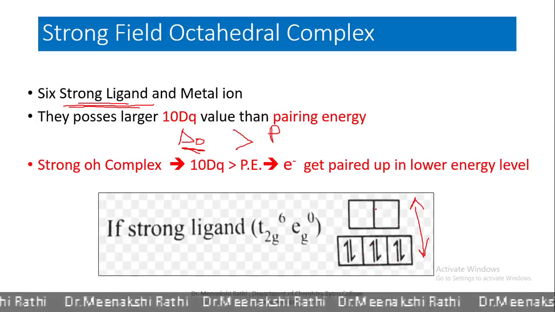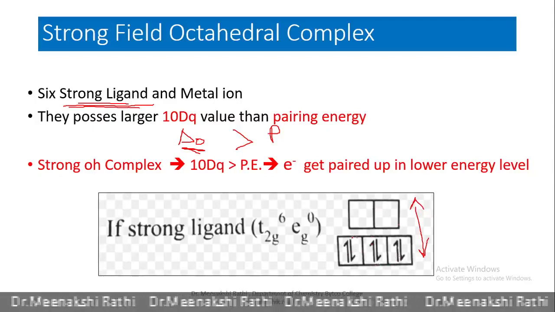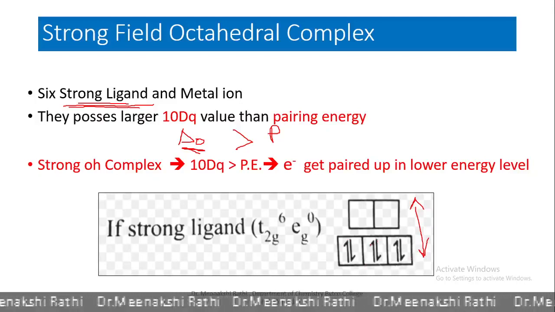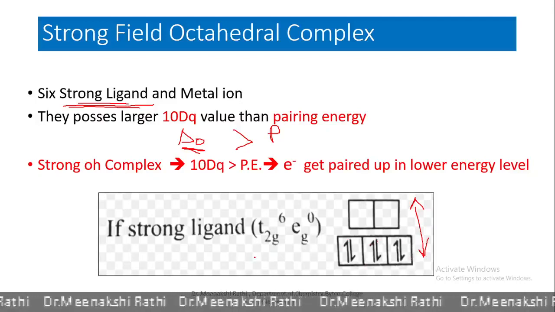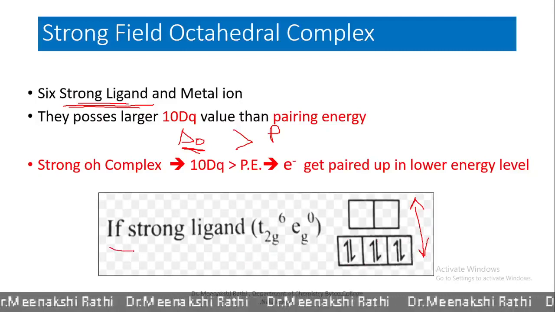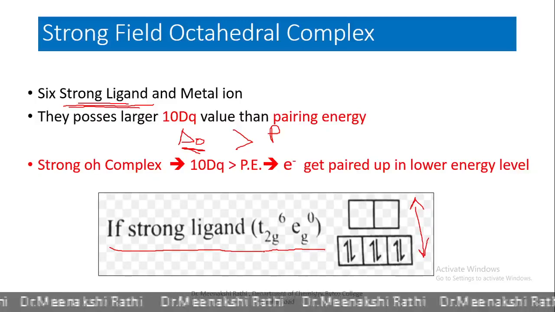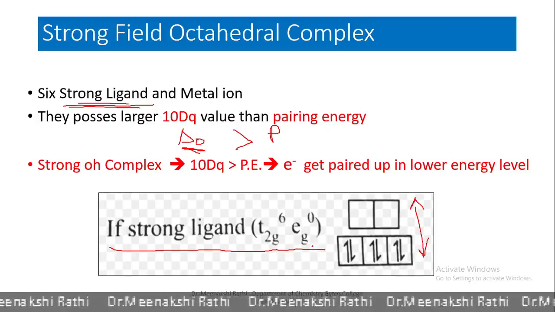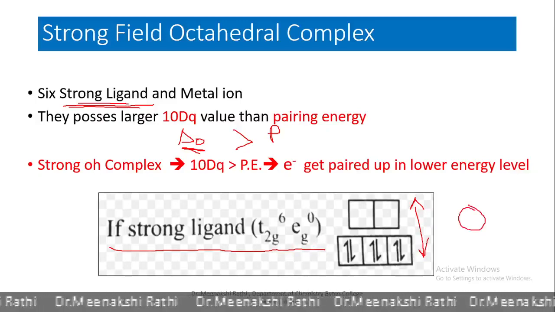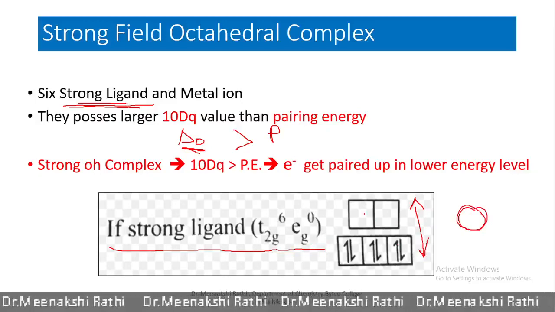They don't want to jump to the higher orbital. All the 6 electrons will get paired up in the t2g orbital, and in strong field, the electronic configuration for 6 electrons is t2g6 eg0, with 0 unpaired electrons. No unpaired electrons.